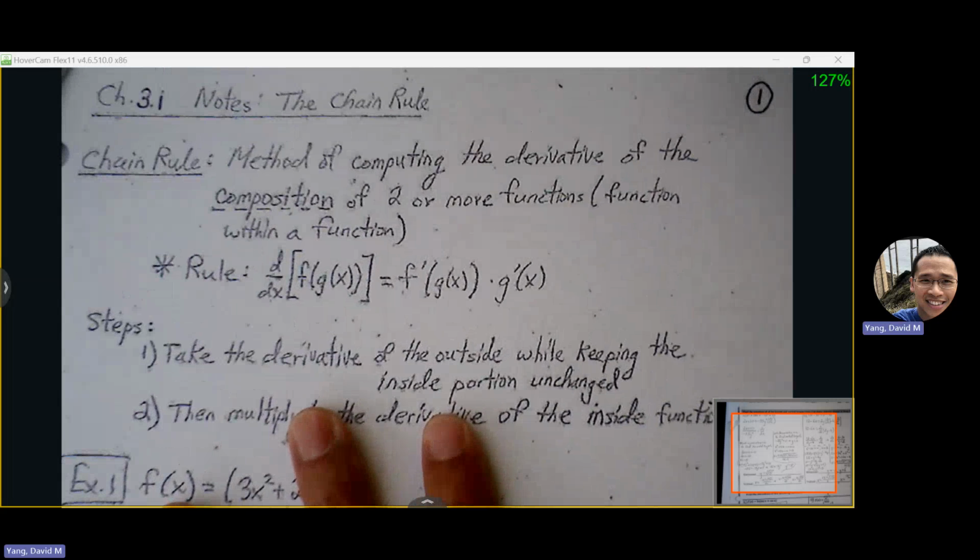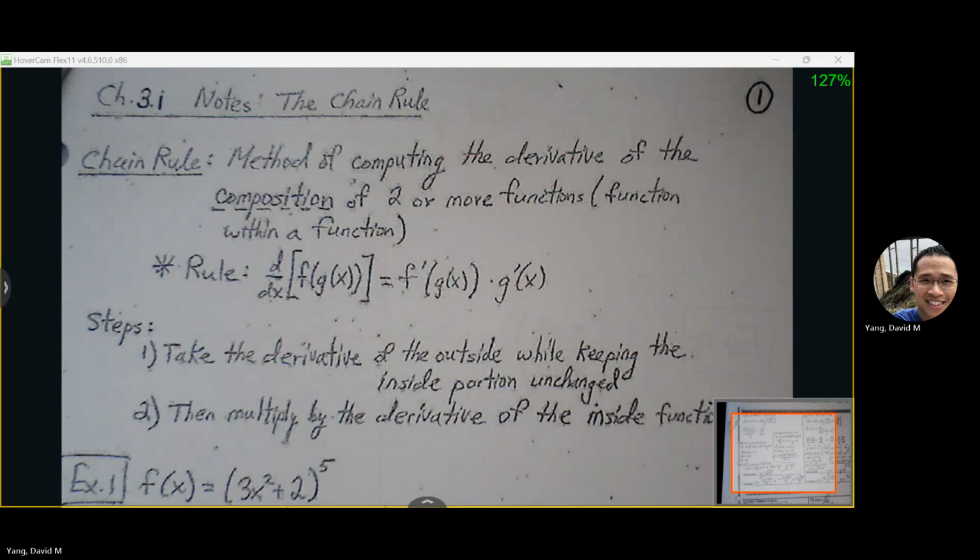Okay, so page 1. The chain rule. We found derivatives when we have different expressions that are related to each other, either through multiplication, which we use product rule, or through division, which we can use quotient rule.